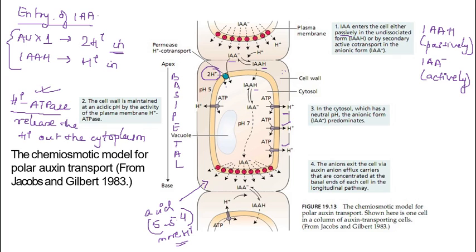So they need efflux carrier proteins named PIN proteins to be released from the basal end. This part is the apical end and this part is the basal end, and the transport is a longitudinal transport. The source of this picture is Taiz and Zeiger. Please follow that book to study it elaborately.